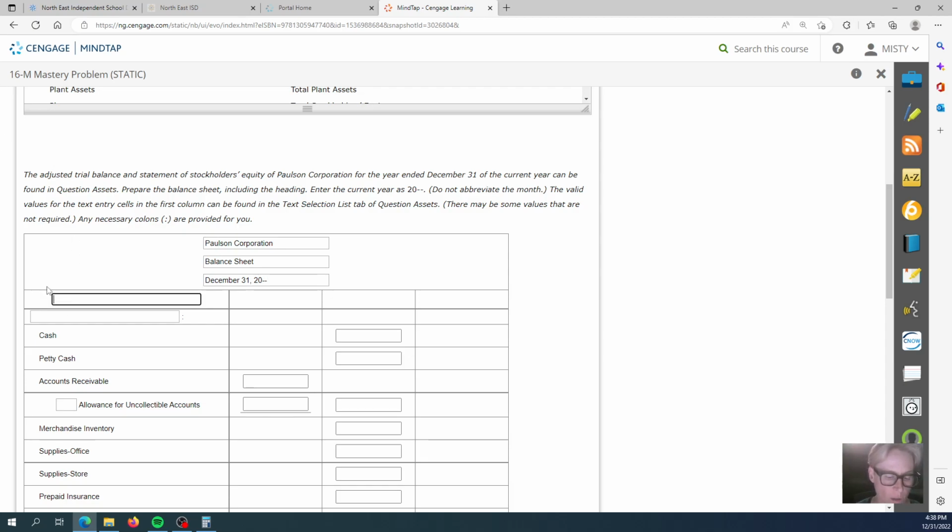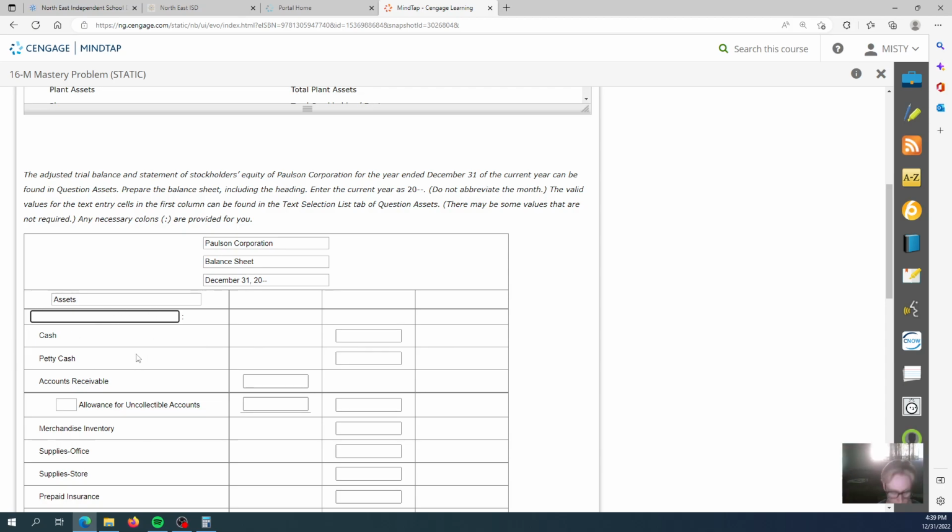What's the first category? Assets. All right. We have our assets. Now we have all of these different types of assets. They are going to go in order of liquidity, right?